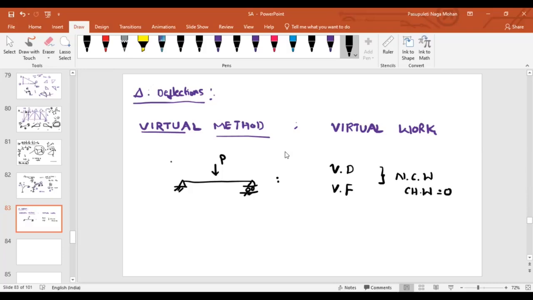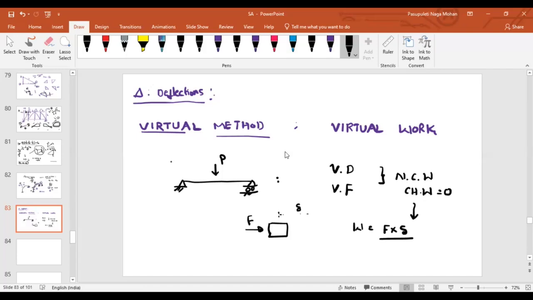If I talk about the work done, in general I can say force into displacement. Let us say I'm taking an object and applying a force like this, and due to the applied force it has moved by a distance delta. Then the work done by the force I can say is F into delta.